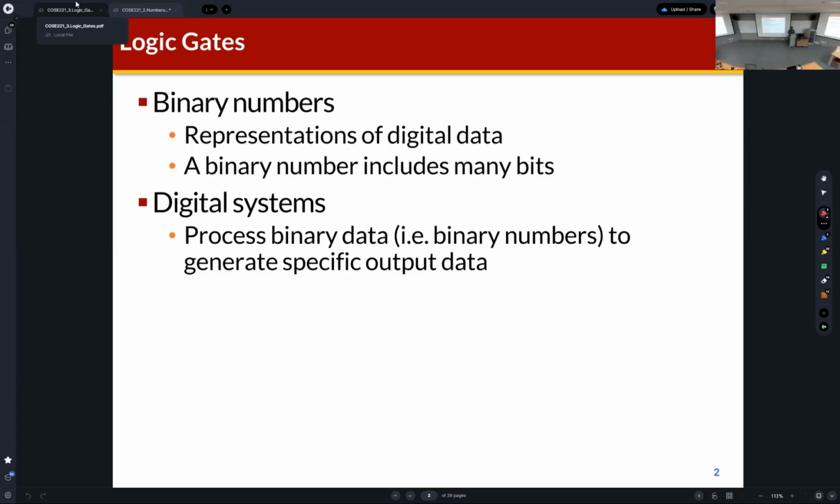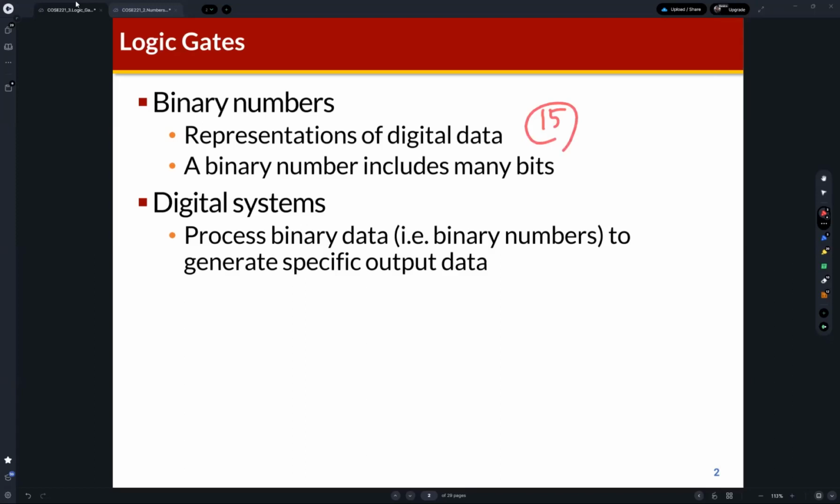Binary numbers are composed of multiple bits, multiple digits, and a bit represents a binary digit. In order to represent the binary number, we need to use many bits. Right. So in order to represent 15 as a decimal number, we need at least 4 bits, right?